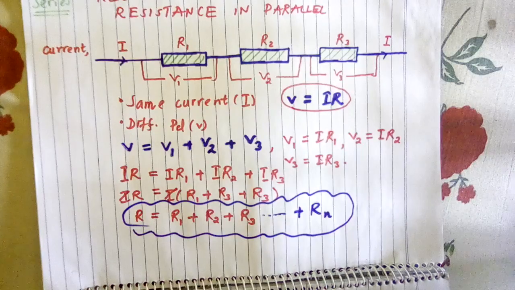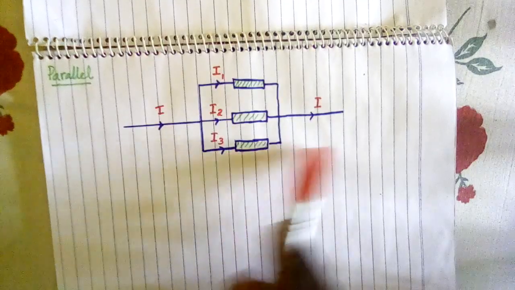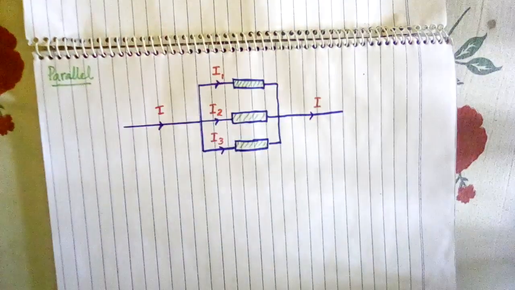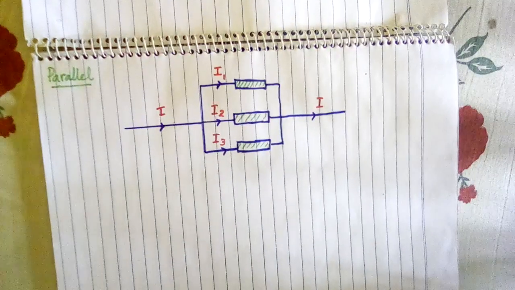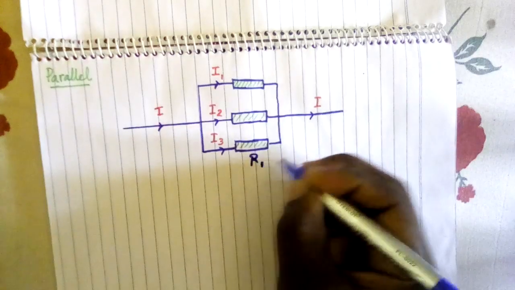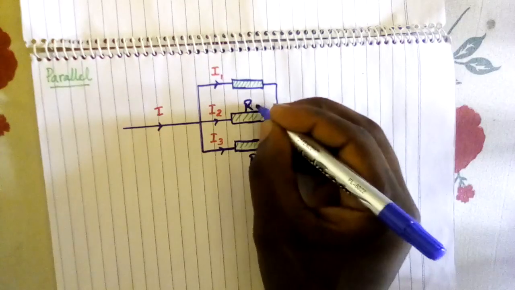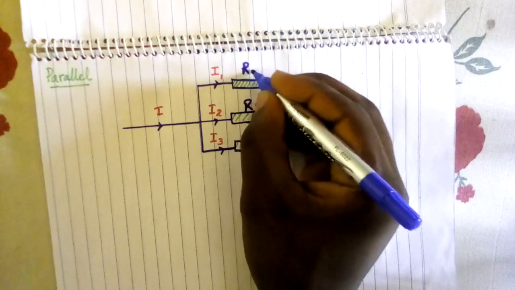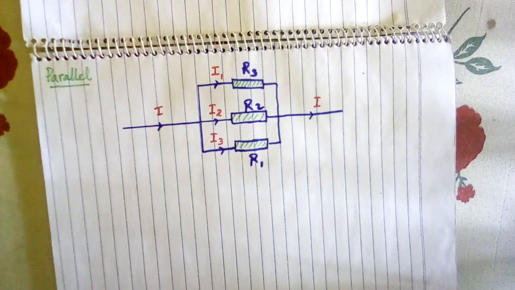Well, the general formula for calculating resistance in parallel. The next diagram represents the resistors arranged in parallel, and let's name these resistors R1, R2, and R3.